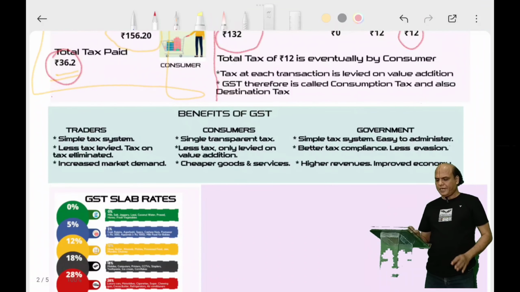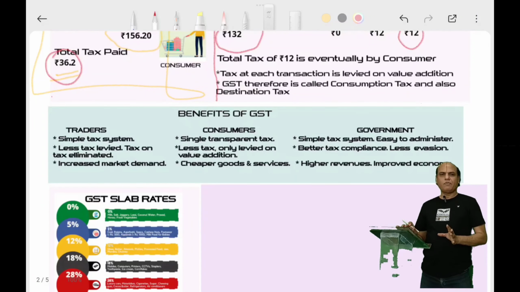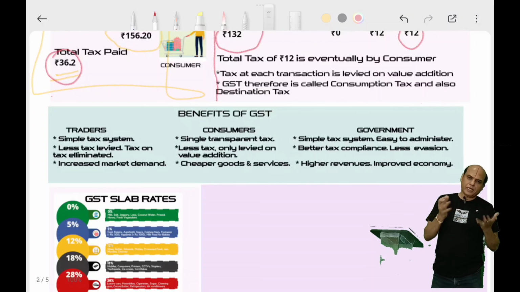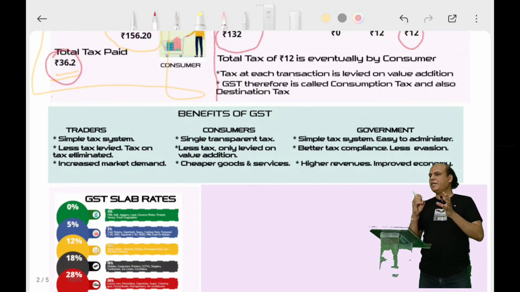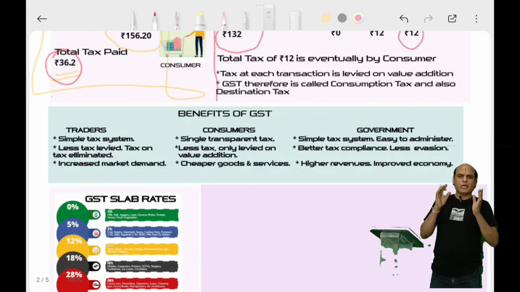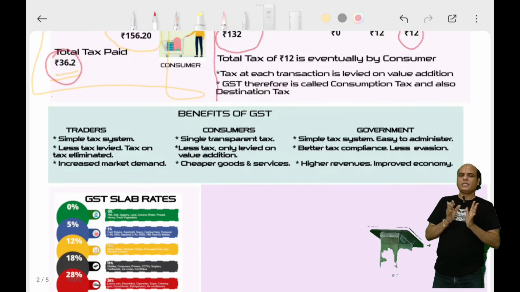If you see, for traders it is a simple tax system. Earlier there were so many taxes. Each state had a different kind of tax regime, so they had a complex tax system. If they were selling different types of goods, then it was another headache. It was very cumbersome for them to calculate their tax liability, what is to be paid to the government.